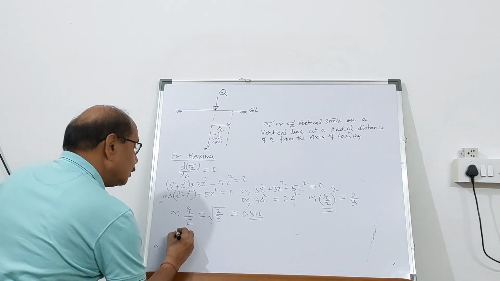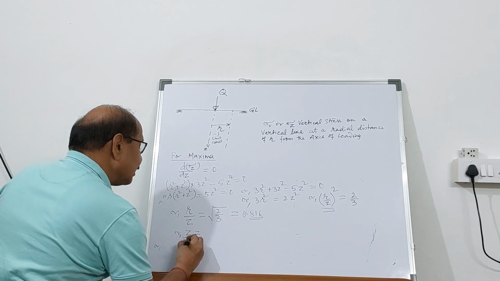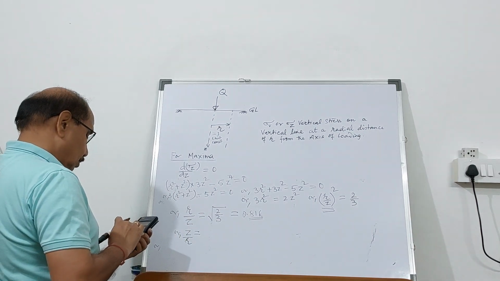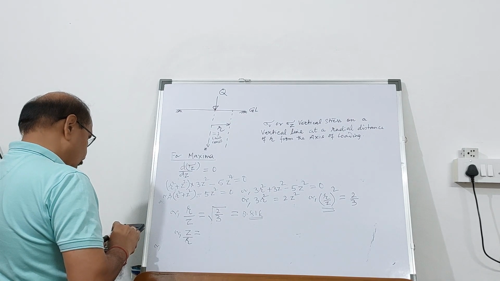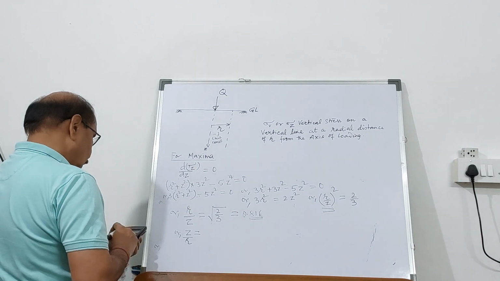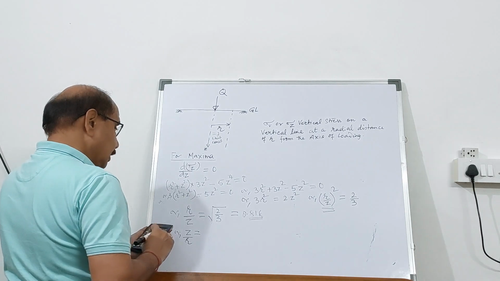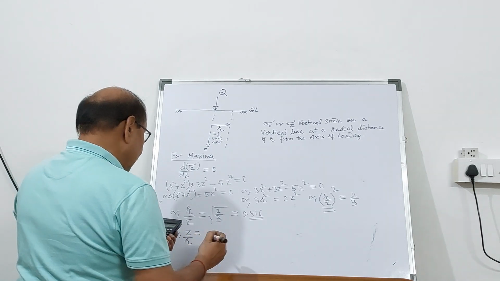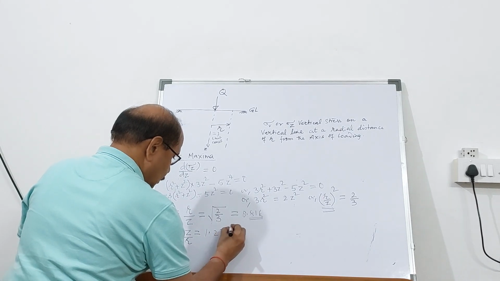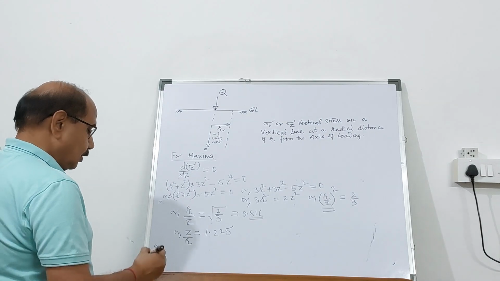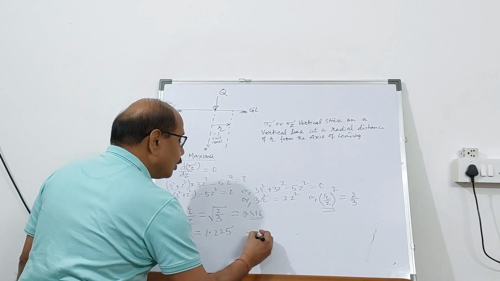So z by r equal to 1 by this. If you take it, then it becomes 1 divided by 0.816, 1.225 units.